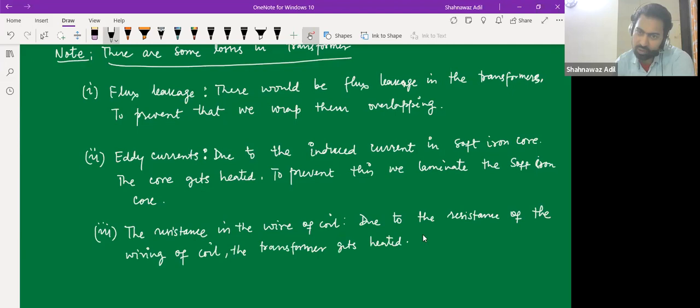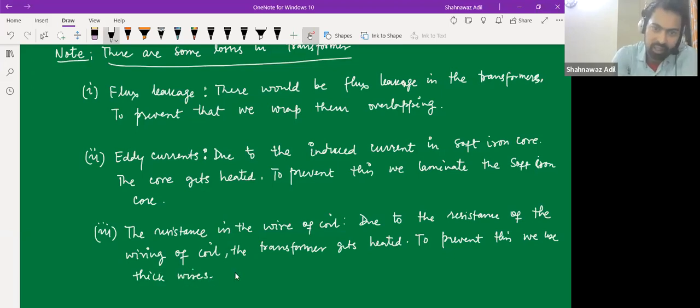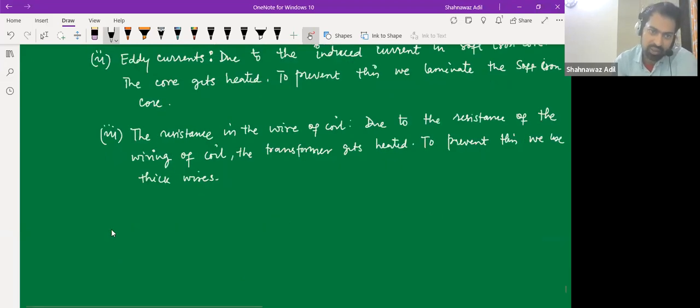And also to prevent this, we use thick wires. Okay. And lastly, there is some hysteresis loss.